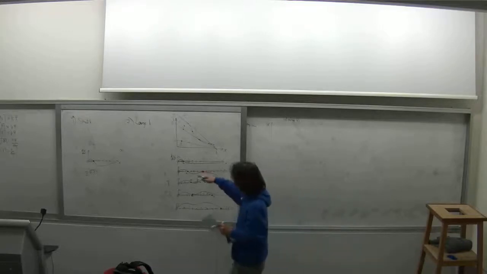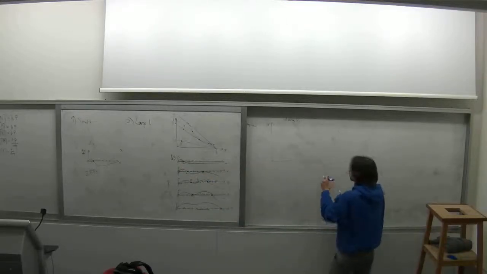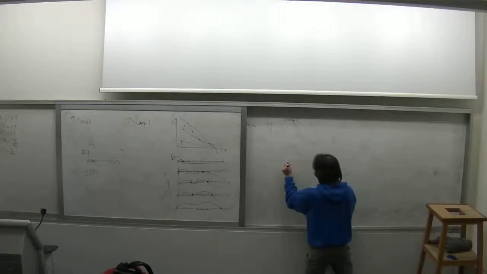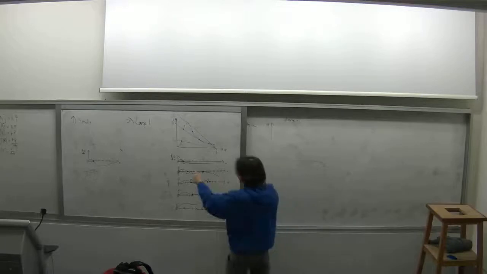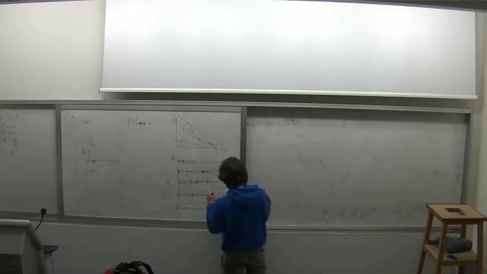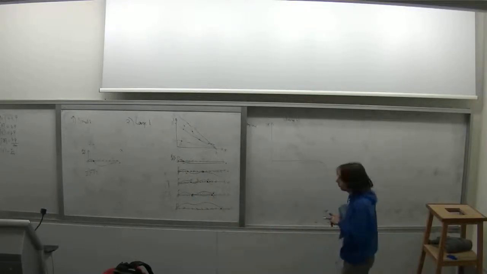Okay, so we always have an unstable fixed point at 0. I can already draw this. And then we have the fixed point at A, that stable fixed point.